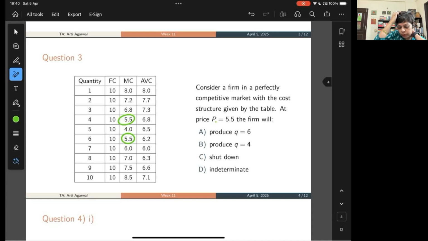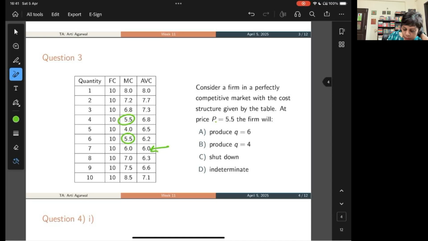Now, average variable cost is always higher than 5.5. The lowest value of average variable cost is 6, which means that in the whole table, with all the different quantities, average variable cost is always higher than the marginal cost, right?